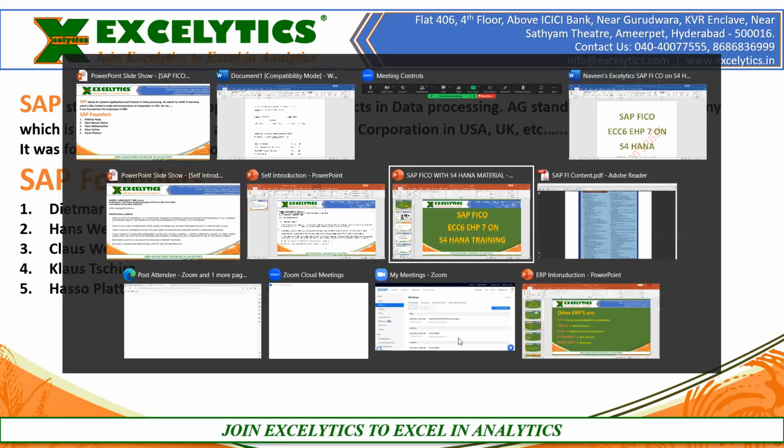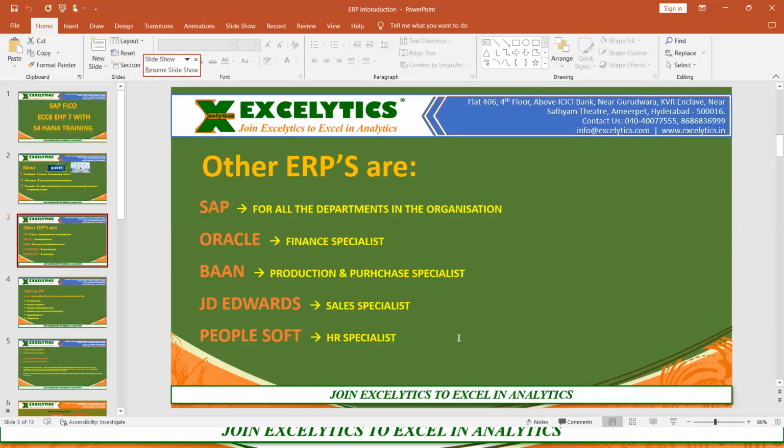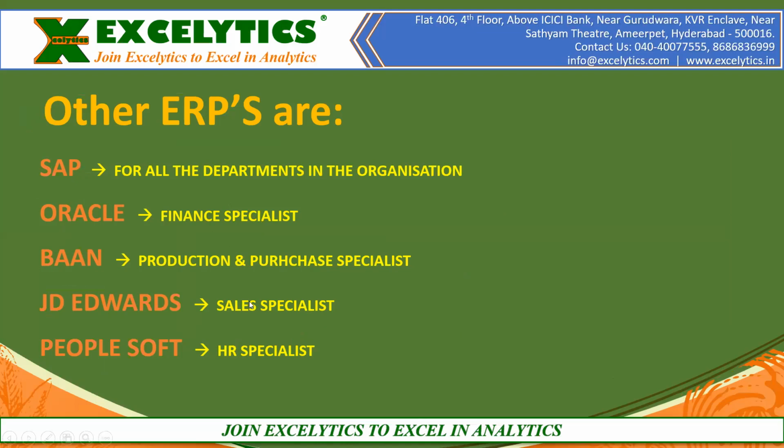See, as I said, just now I mentioned the same thing. We have a number of other ERPs. There are thousands of ERPs available in the market. I am just showing 3 or 4. In our local Indian market, Tally is also one ERP.